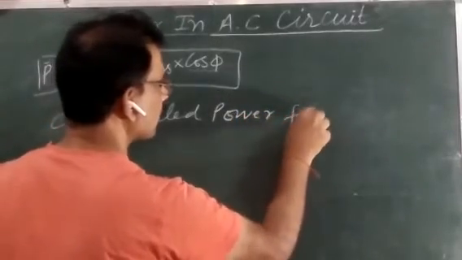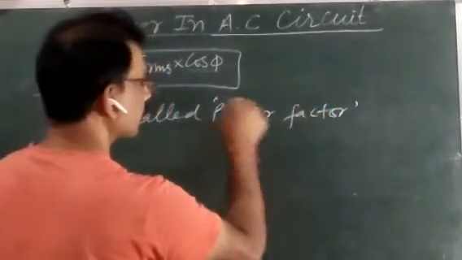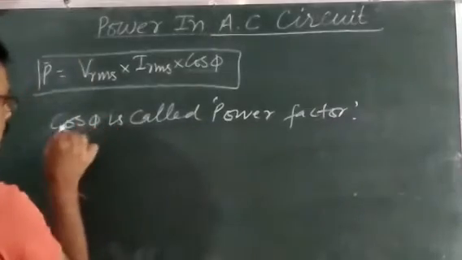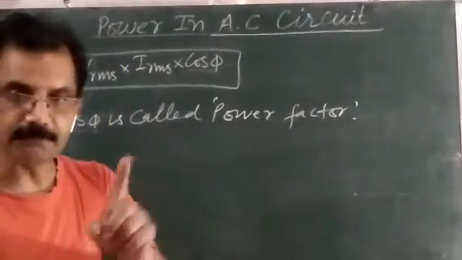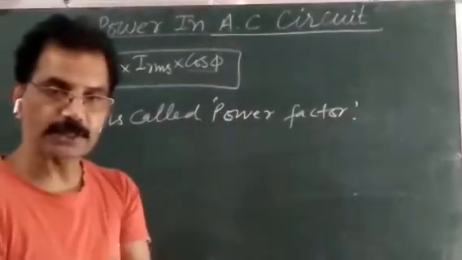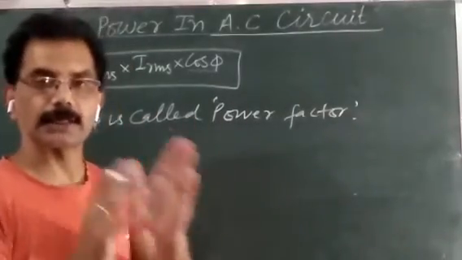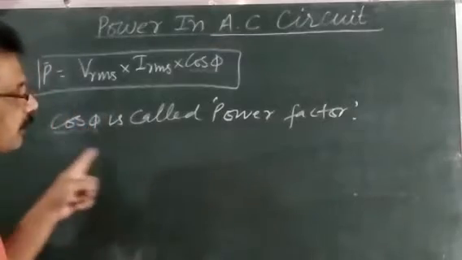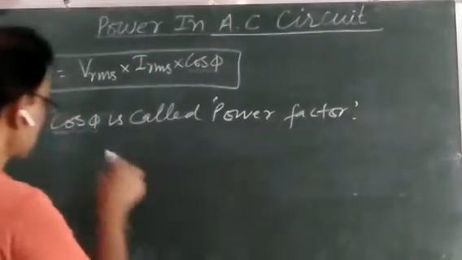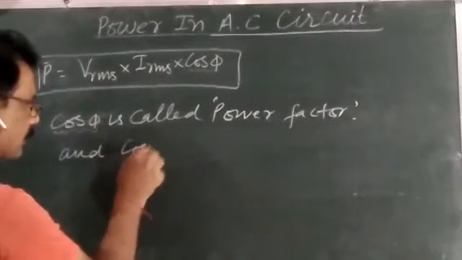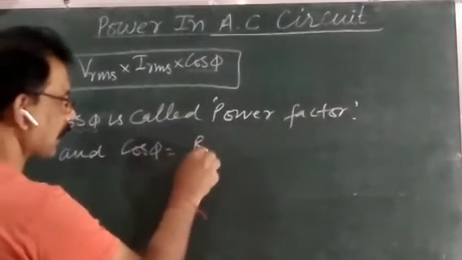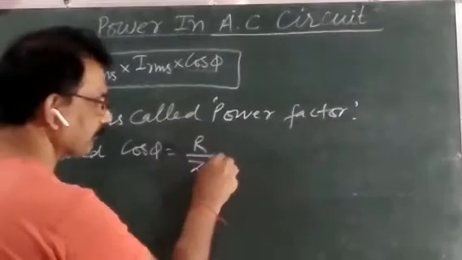Look here, this whole term cos phi is called power factor, not phi. Not phi alone, the whole term, the value of cos phi, is called power factor. So this whole cos phi is called what here? Power factor. And the value of cos phi for any circuit is R by Z.